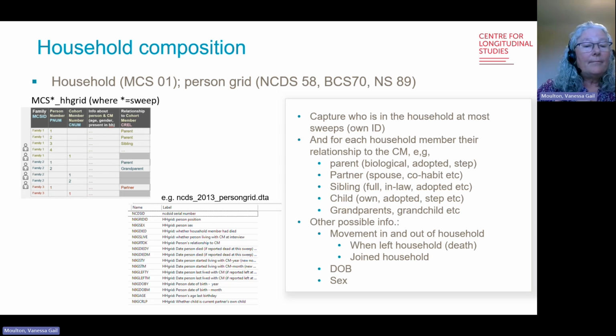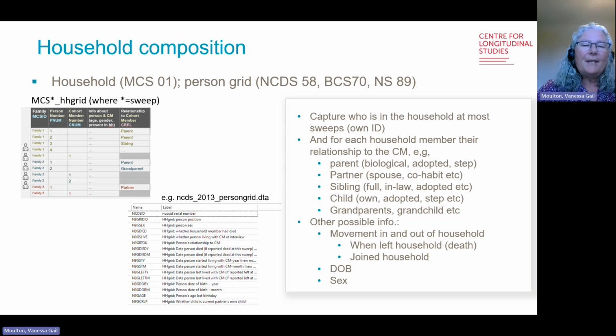In the 1958 NCDS, the BCS70 and Next Steps studies, there is a person grid, which in the more recent sweeps of data is a unique data file, for example, as shown here. For earlier sweeps, especially in the older cohorts, you may have to look in the main data files of each sweep of data to identify this information.